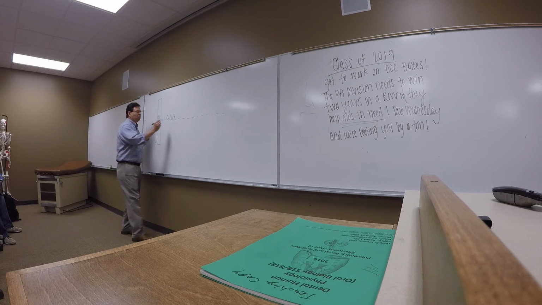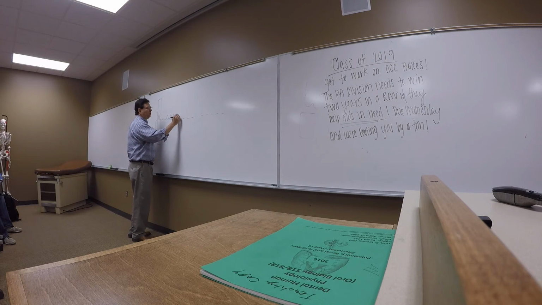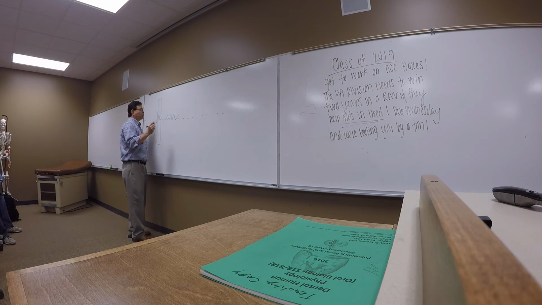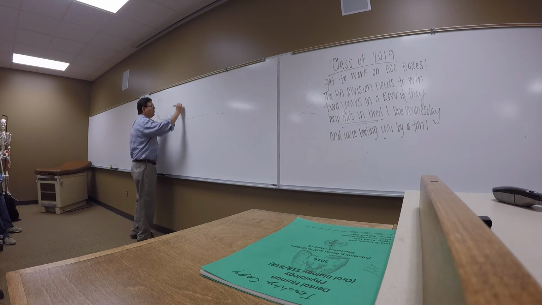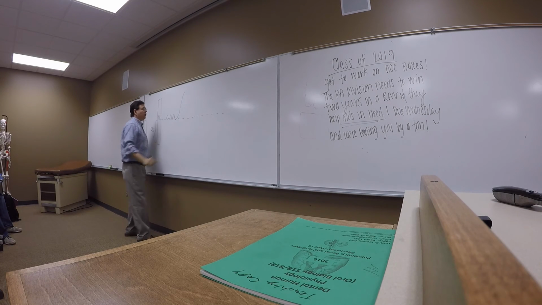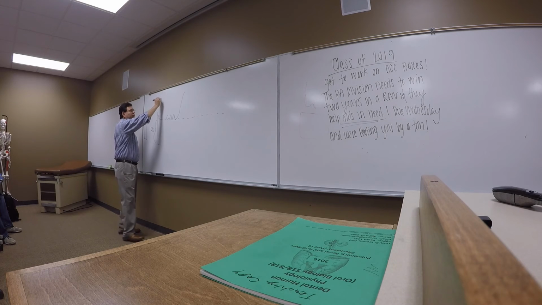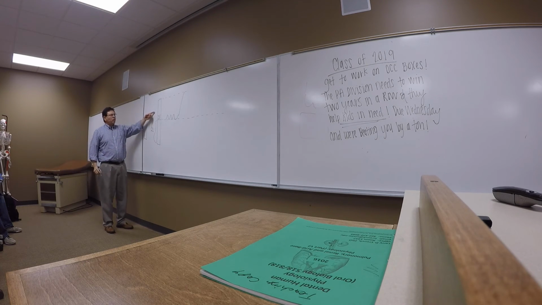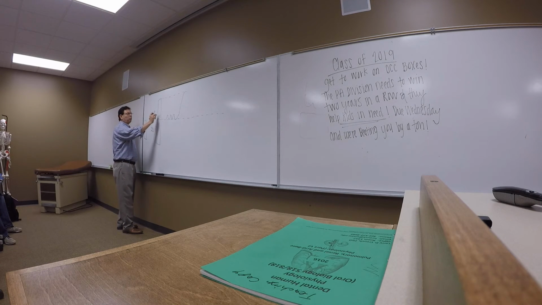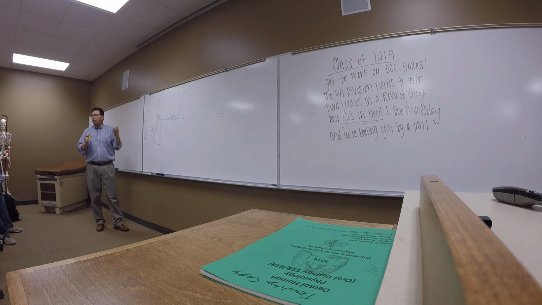Now we know that when we make a normal tidal inspiratory effort, we can take a deep breath all the way up to here. So we have a whole inspiratory volume here that we can tap into if we need to take a deeper breath.